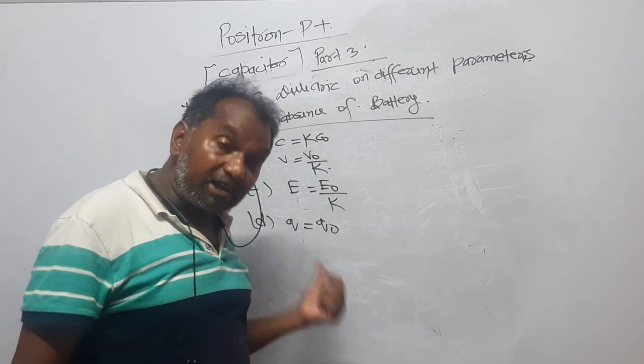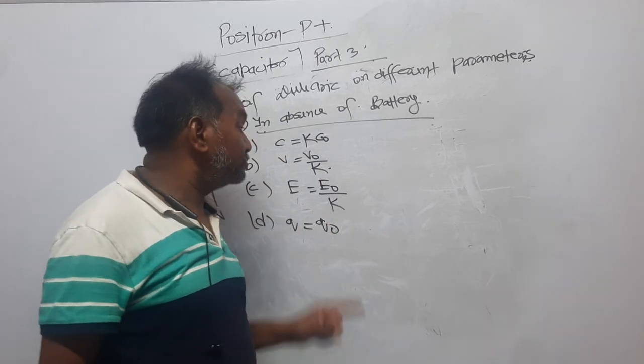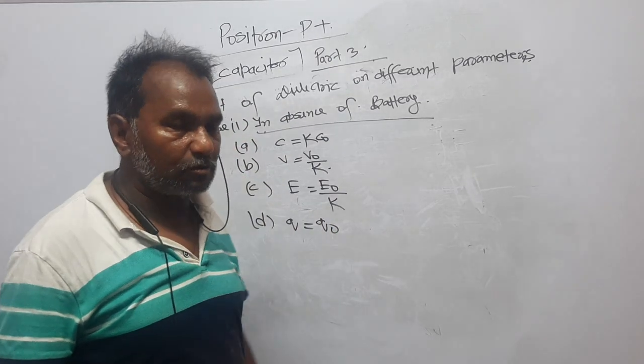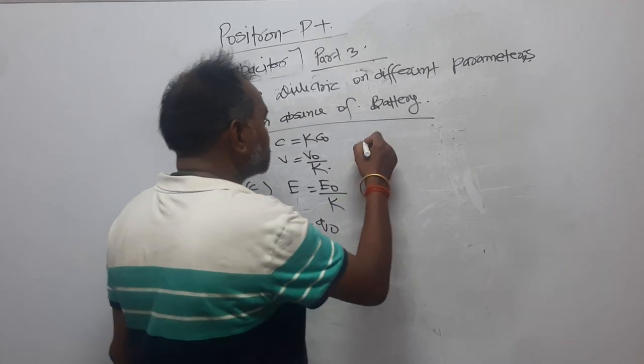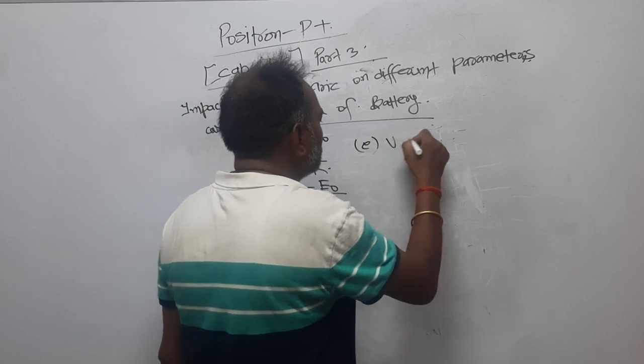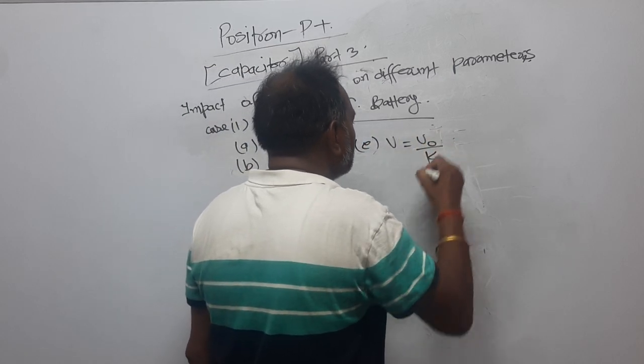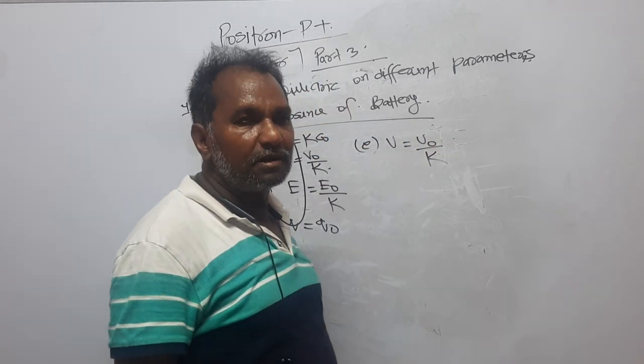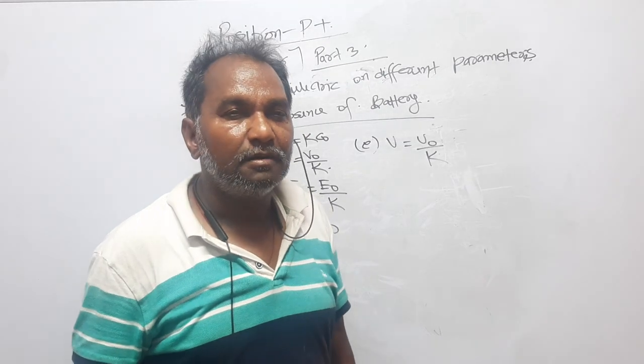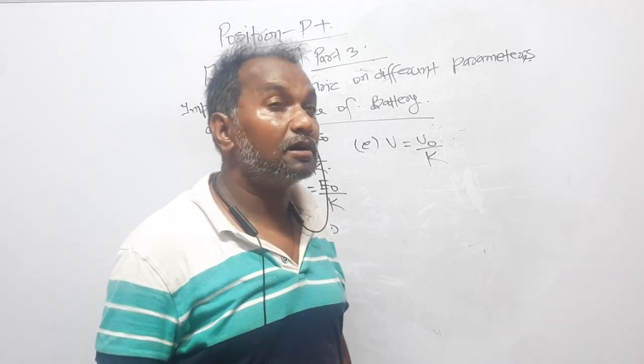Because the capacity has increased, but you are not getting the charge from the source. And the last one is that U is equal to U naught upon K, right? The potential energy becomes 1 by K, which means potential energy is also reduced.